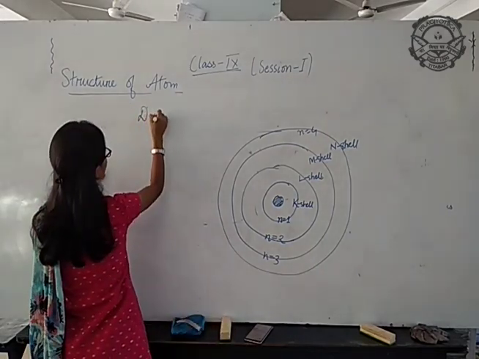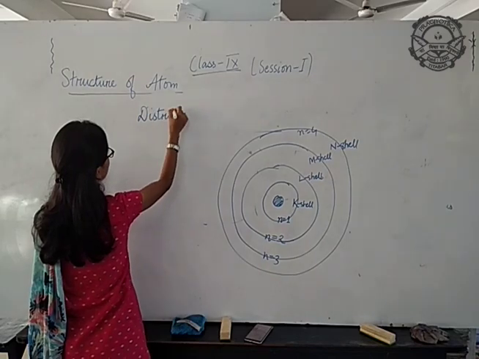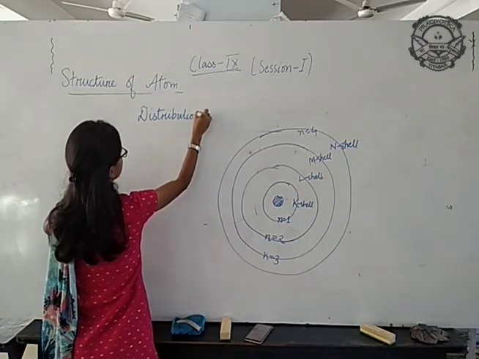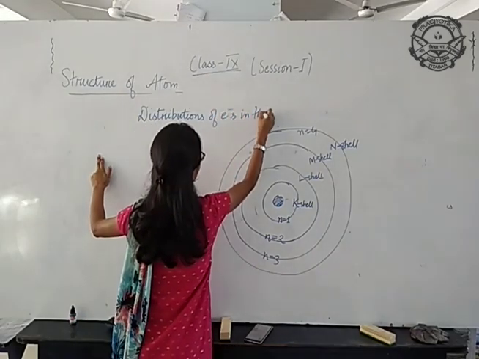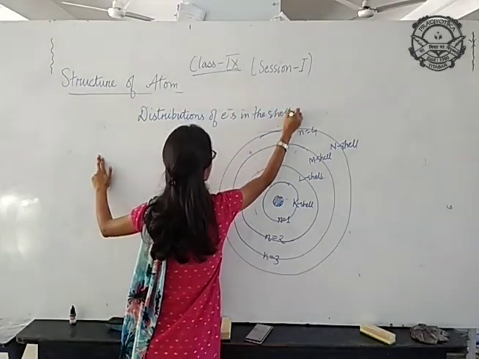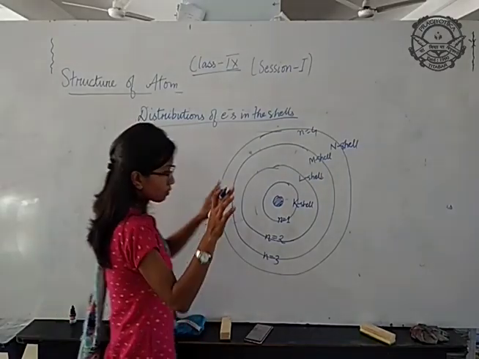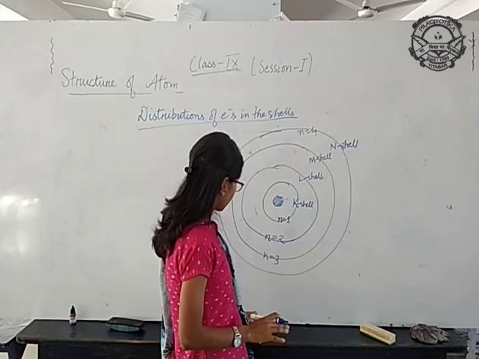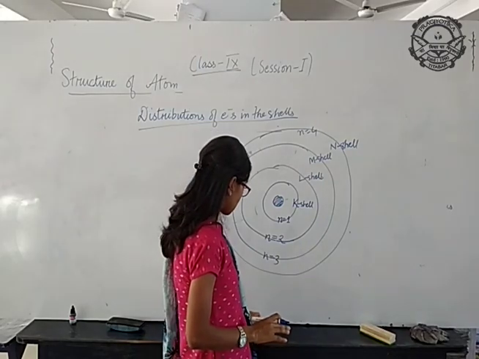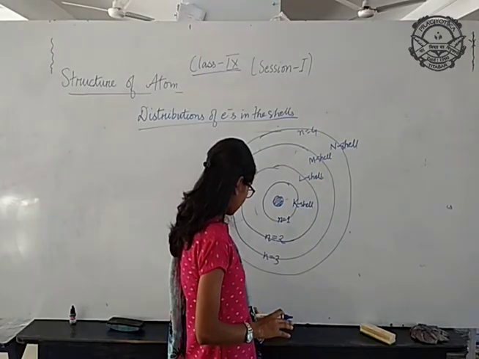Next you see the distribution of electrons in the cells. So these are the points given by Bohr's model only. See the first point, the maximum number of electrons present in a cell is given by the formula.